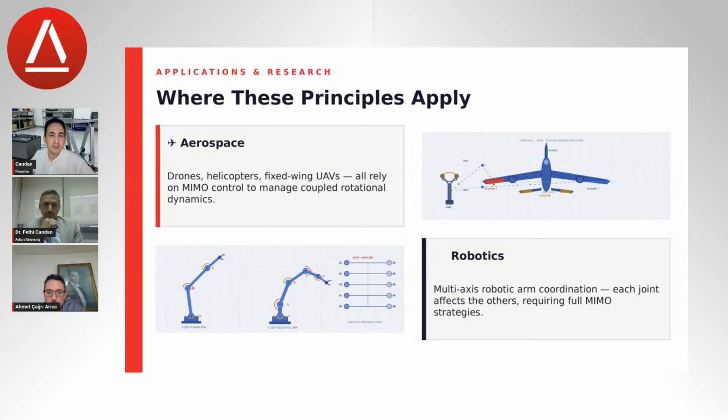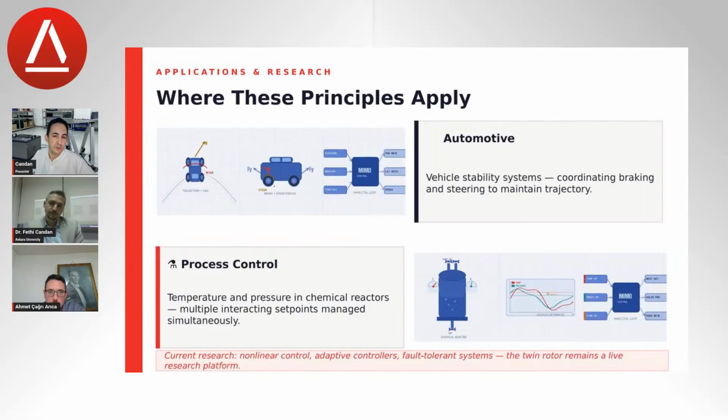The multi-axis robot arm coordination is a MIMO control problem, or already a solved problem, but these strategies are used. And in the automotive field, the braking and steering systems are also MIMO, because there are multiple wheels and multiple brake calipers, etc.